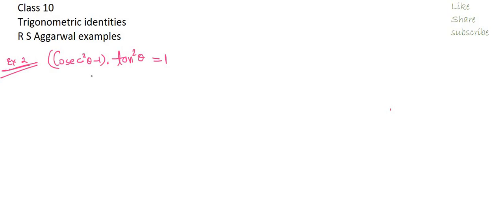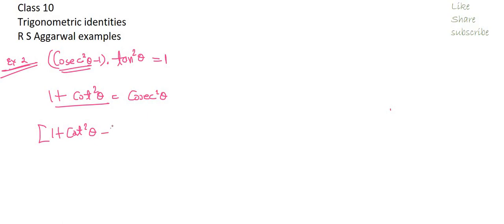Example 2. I just showed you that 1 plus cot square theta is cosec square theta. This is the formula, right? So how can I use it here? Cosec square theta is this. So let me put it: 1 plus cot square theta minus 1 into tan square theta.